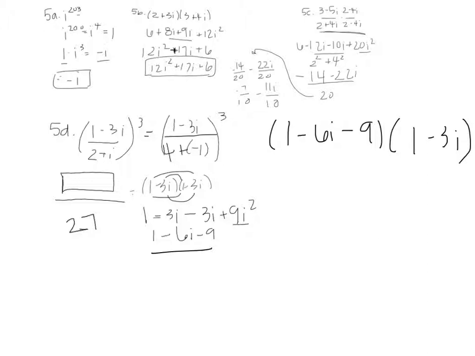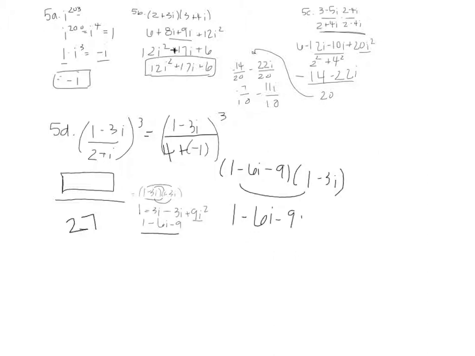So we are going to do 1 times 1, 1, minus 6i, minus 9. I'm going to run out of room. Plus 27i minus 18i squared minus 3i. And that's because we multiplied each of these like that.